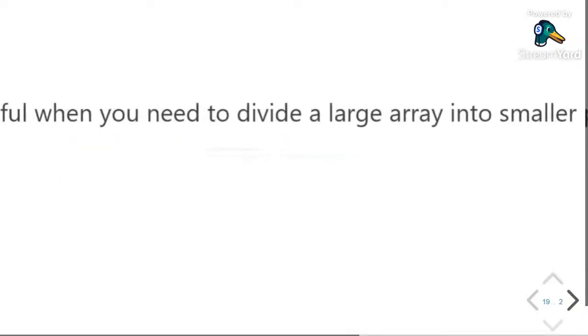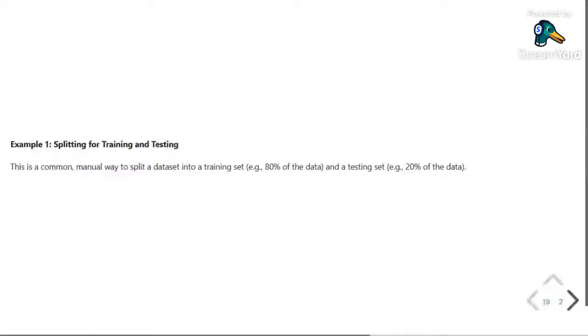So, example: splitting for training and testing. Here is a common manual way to split a data set into training 80% and testing. Let me also say this: most times, people that train models don't make use of validation data sets.